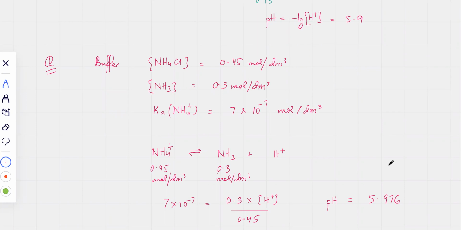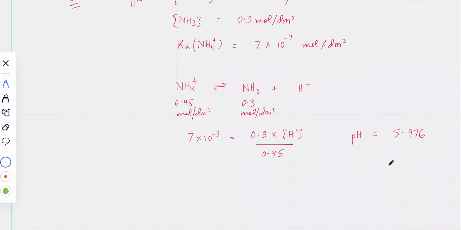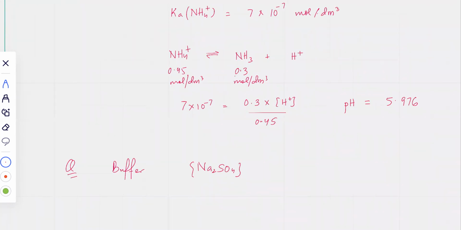So without any calculations, just tell me if there's a buffer, and that's made up of two things. One is Na2SO4, its concentration is given, and you have NaHSO4.